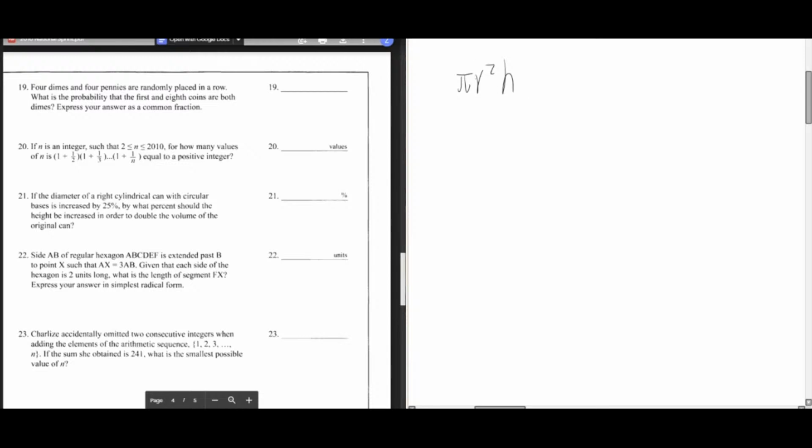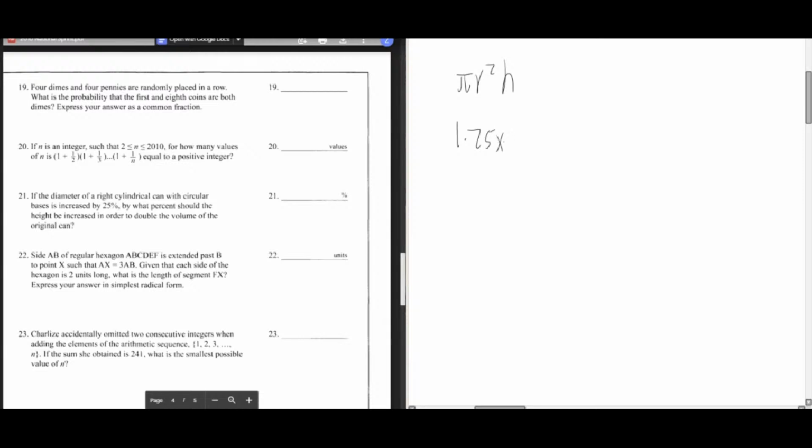So pi stays constant, so we don't care about pi, since we're working with the ratios between the two cylinders. We're increasing the diameter by 25%, which just increases the radius by 25% too. So we're basically multiplying by 1.25 twice.